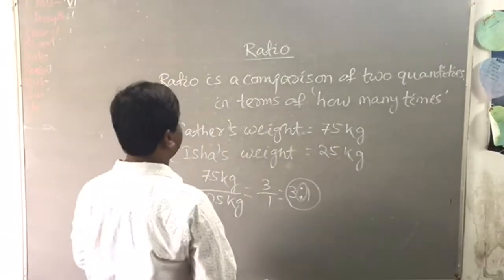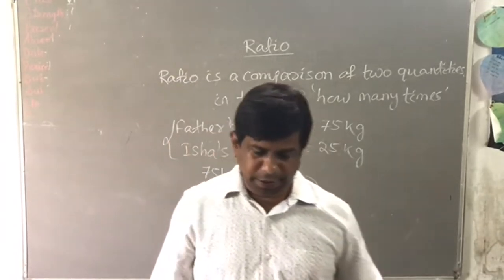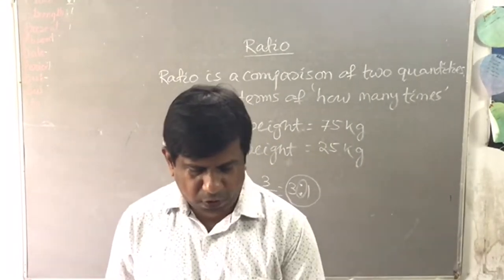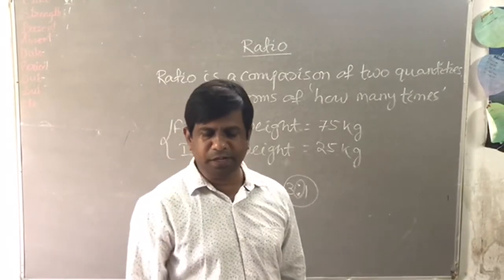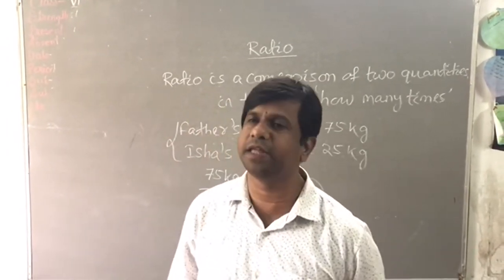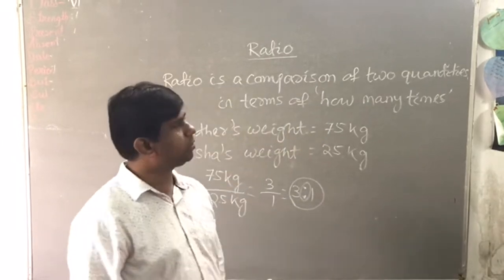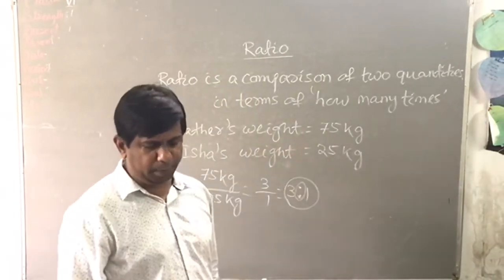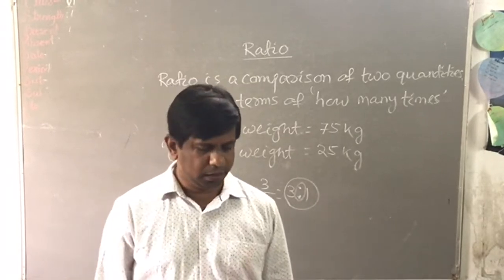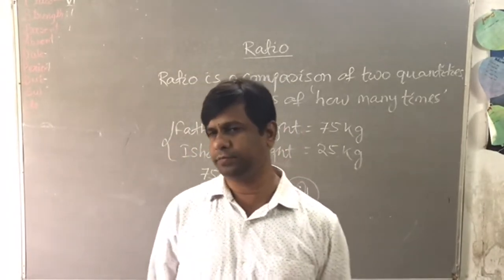In some cases, the ratio or the comparison by division makes better sense than the comparison by taking the difference. Suppose the cost of a motorbike is 50,000 and the cost of a car is 3 lakh.